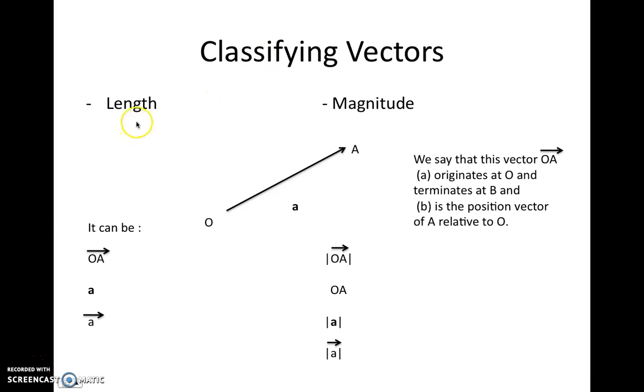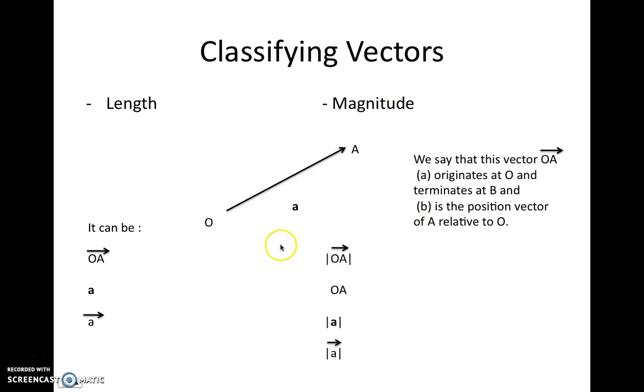Classifying vectors. The vector here can be classed as OA, with an arrow over the top, a bold A, most frequently used in textbooks, and an arrow over the A, which you can use in your workings out.